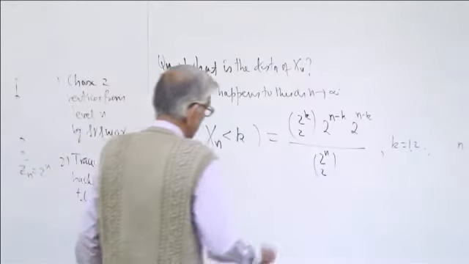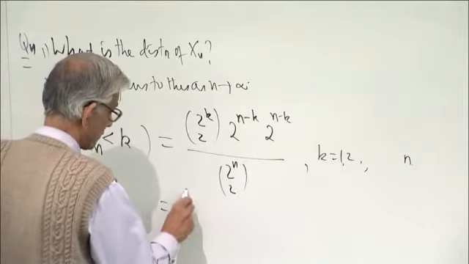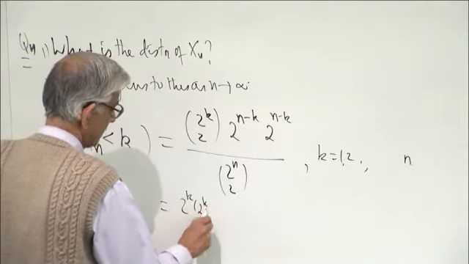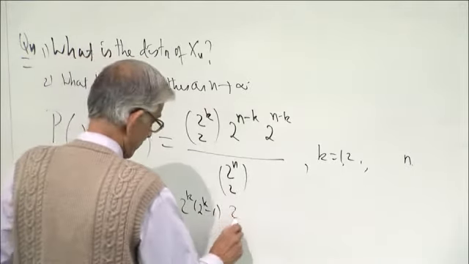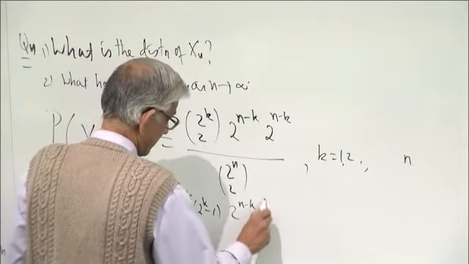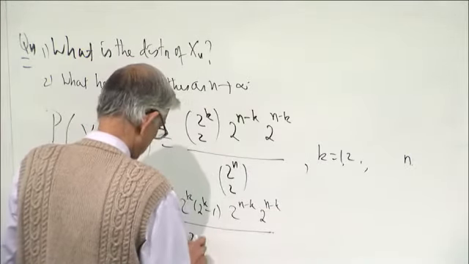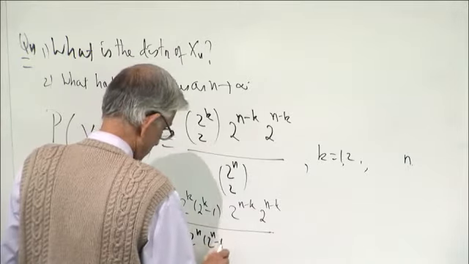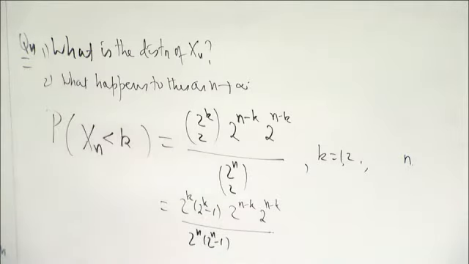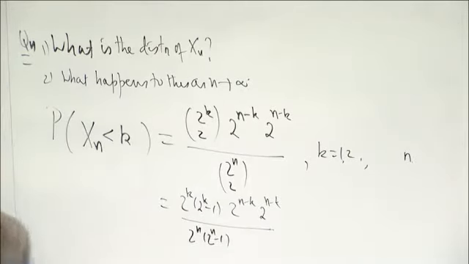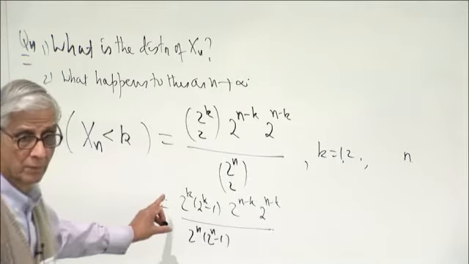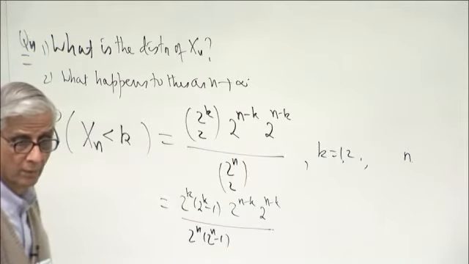Now this is indeed equal to 2 to the k times 2 to the k minus 1 over 2, times 2 to the n minus k, 2 to the n minus k. And the denominator is going to be 2 to the n times 2 to the n minus 1 over 2. And that 2 will cancel with the numerator 2.